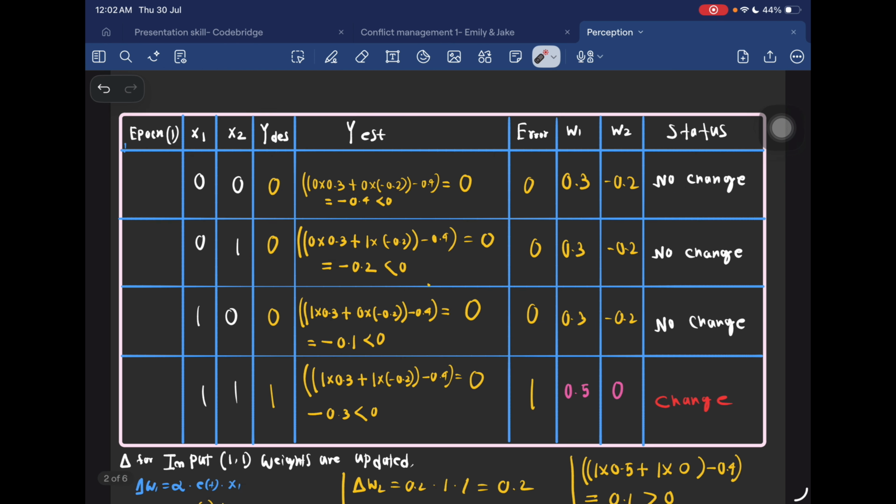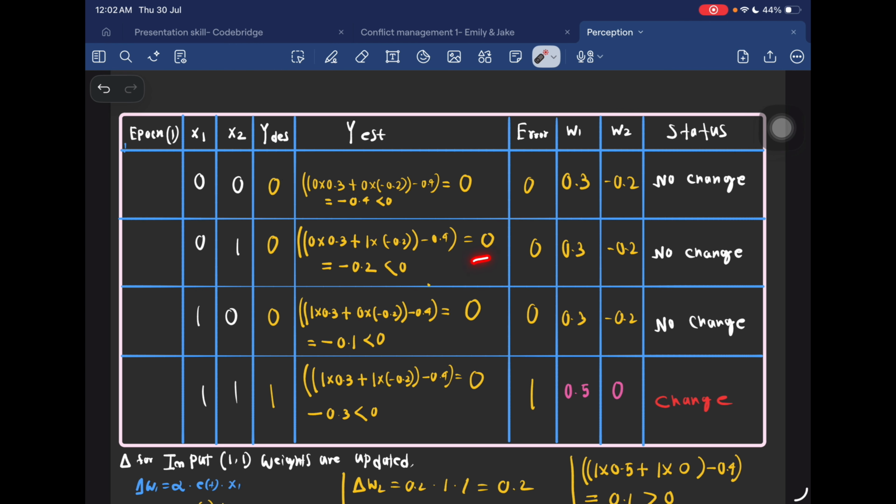Same for our second statement, where the features are 0 and 1 and the desired output is 0. We apply the activation function: 0 times 0.3 plus 1 times minus 0.2, minus 0.4, this is our bias, and the outcome is minus 0.6, which is less than 0.